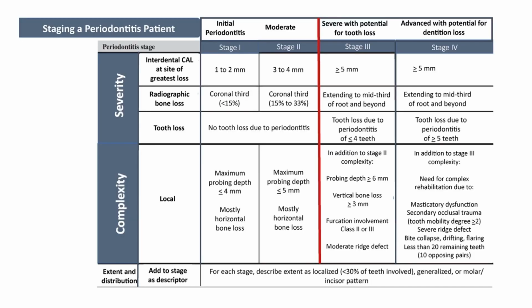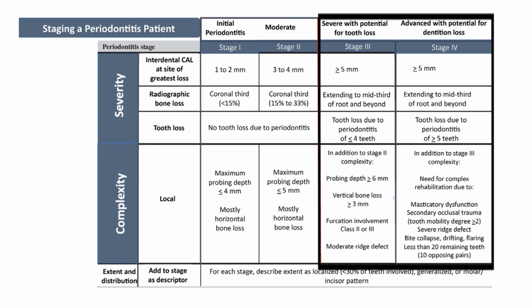So first thing we are going to talk about is assessment of the stage. So we have 4 stages, and the first thing to do is to start with a high-level assessment of the patient's periodontal status. The high-level assessment uses a narrow set of parameters to make the first distinction of whether the periodontitis case is either stage 1 or 2 versus stage 3 or 4.